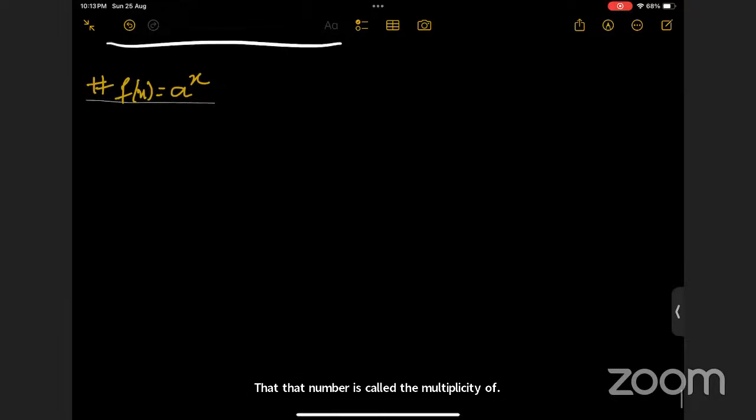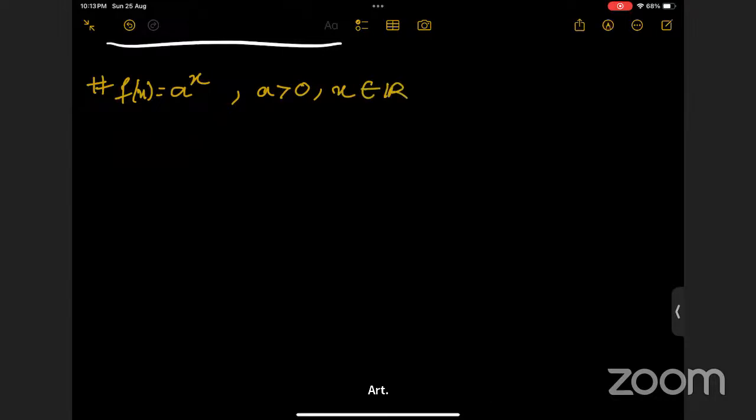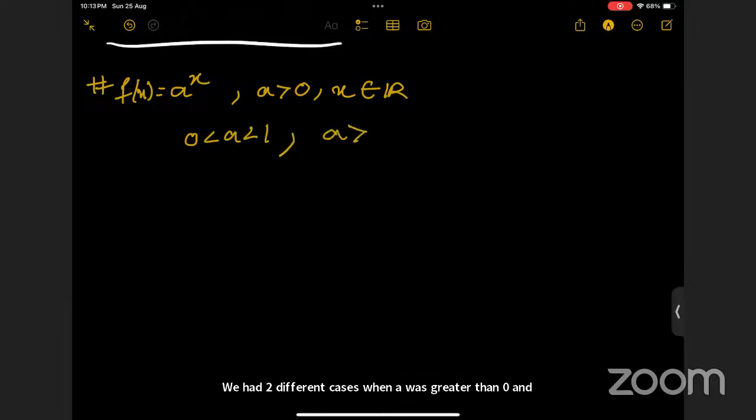So this was an exponential function, where a was greater than 0 and x belongs to R. We have seen we had two different cases: when a was greater than 0 and less than 1, and when a was greater than 1.